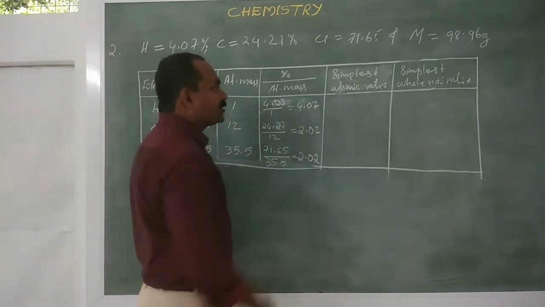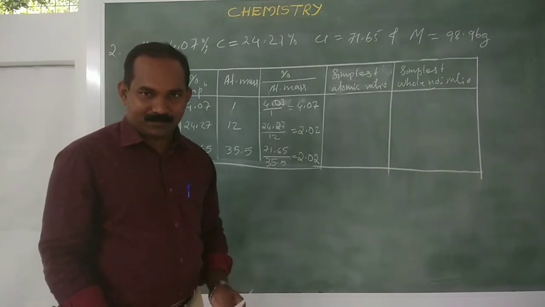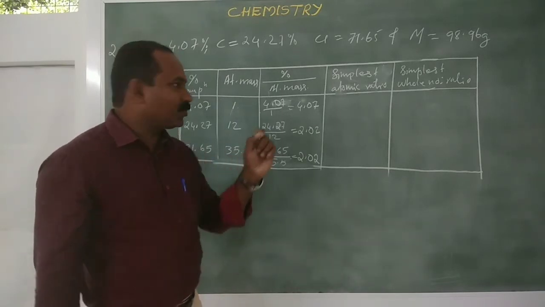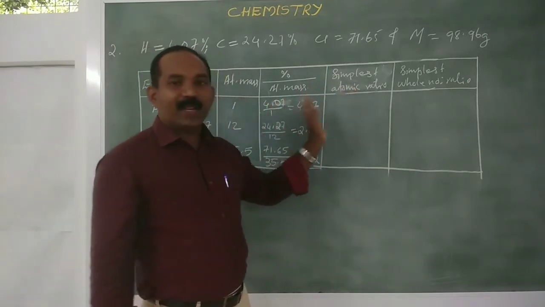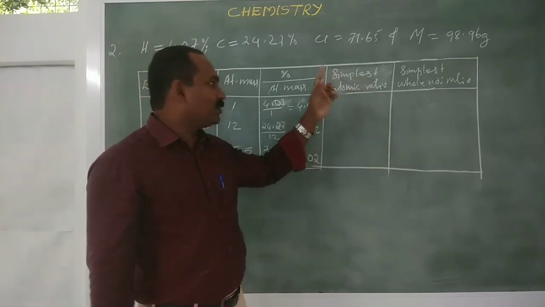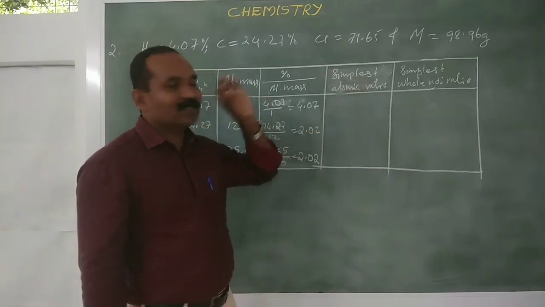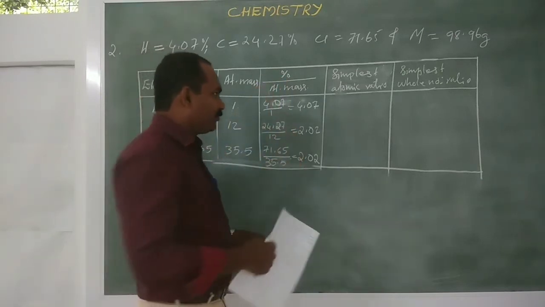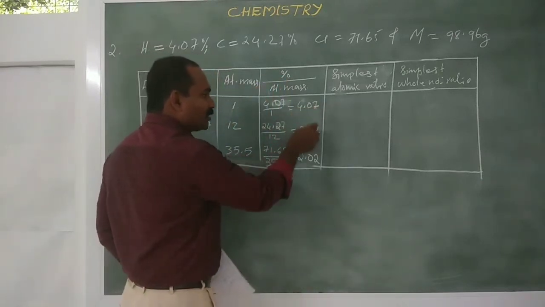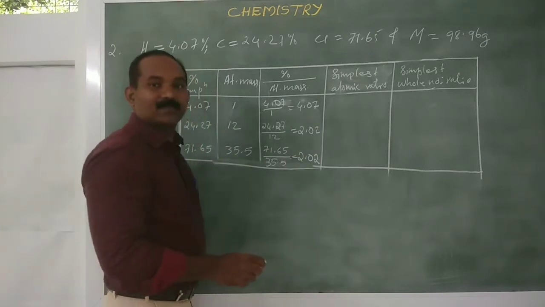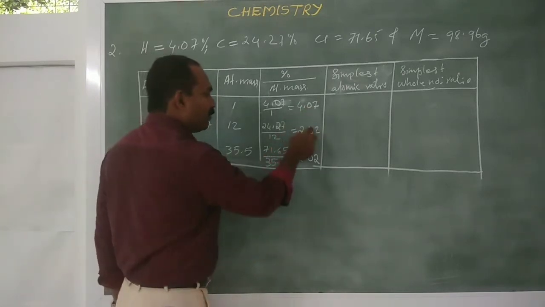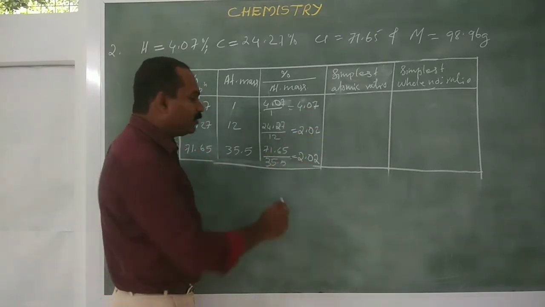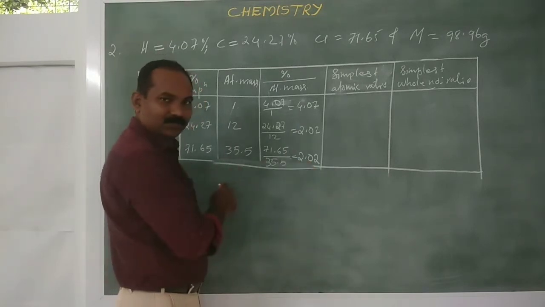Then for the simplest atomic ratio. In the last problem I wrote simplest ratio of atoms, so here I rewrite it as simplest atomic ratio. Out of these three values, the smallest value is 2.02.